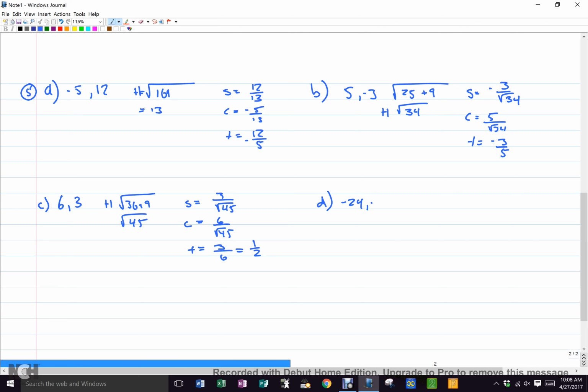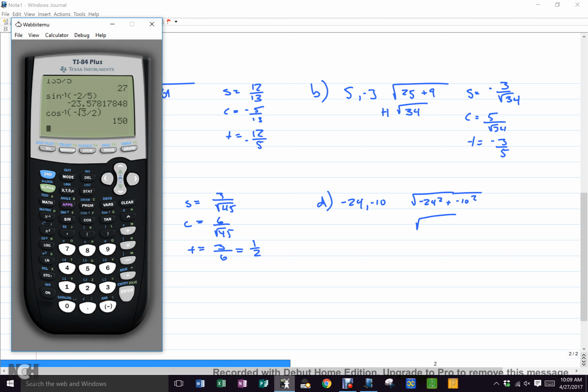(-24, -10). So it's the root of negative 24 squared plus negative 10 squared, which is the root of, I actually need a calculator for that one because I don't know 24 squared. 24 squared plus 100.